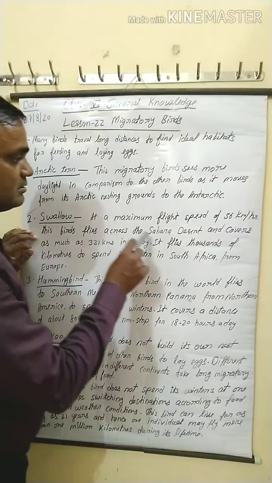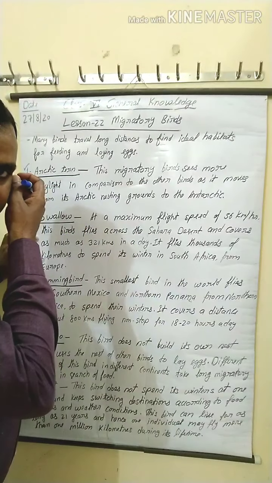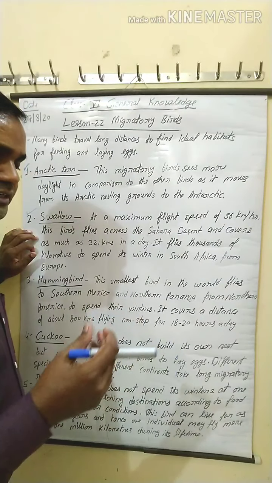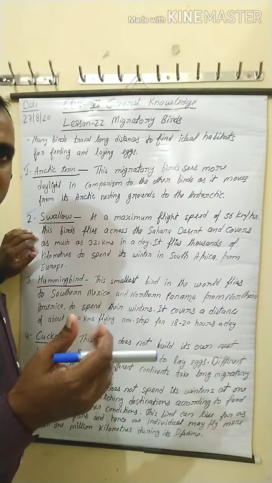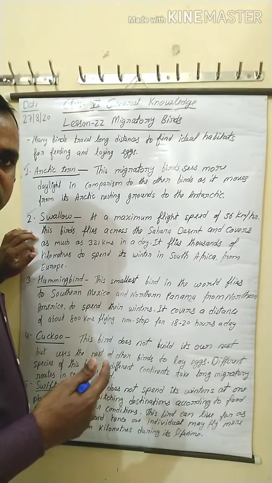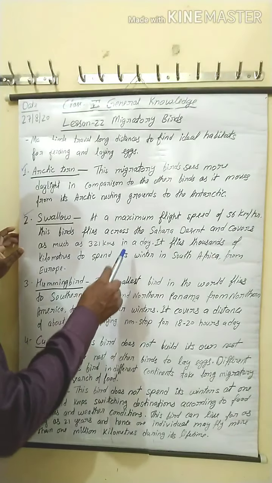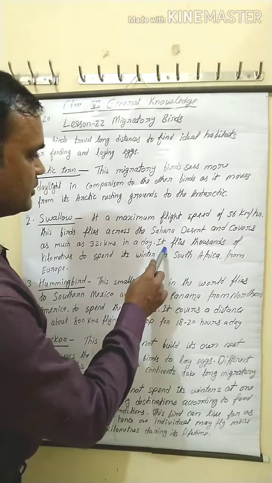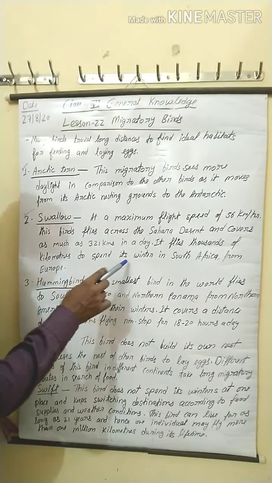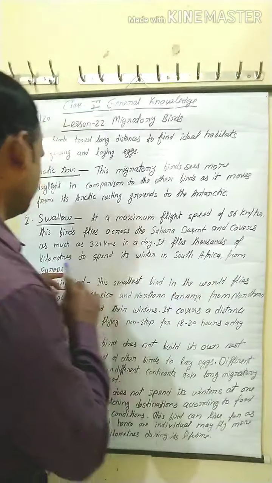The Sahara Desert is situated in the African continent, across Chad, Tunisia, Algeria, Egypt. It flies thousands of kilometers to spend its winter in South Africa from Europe.